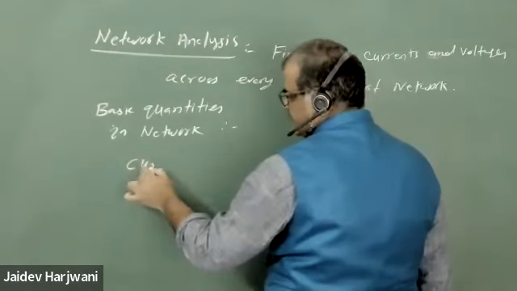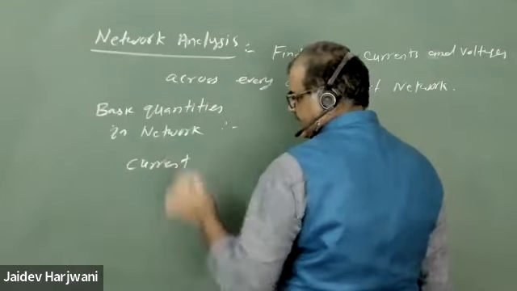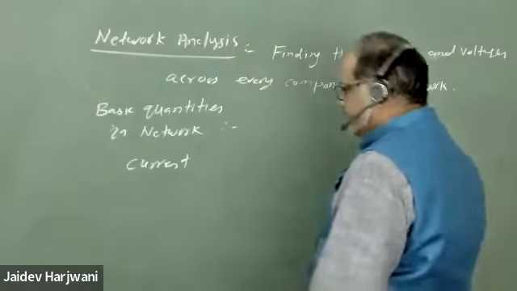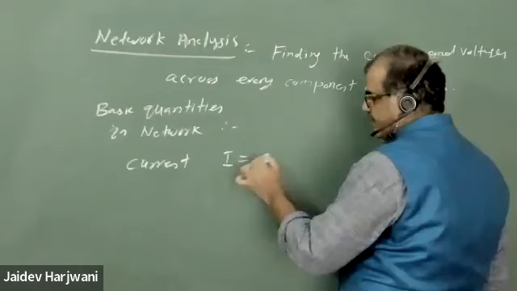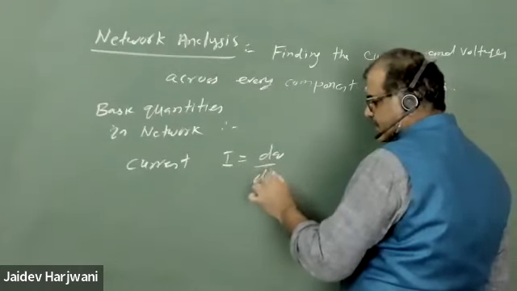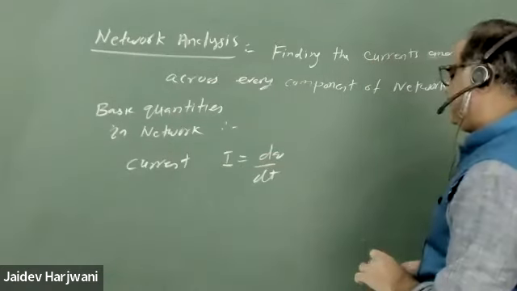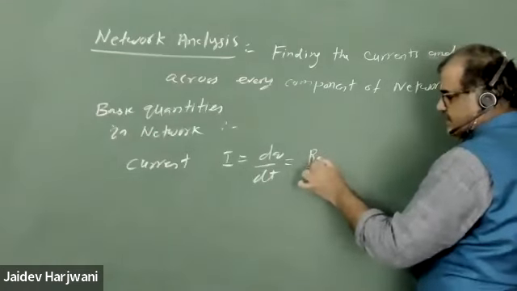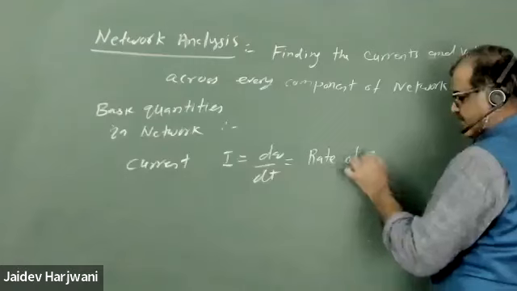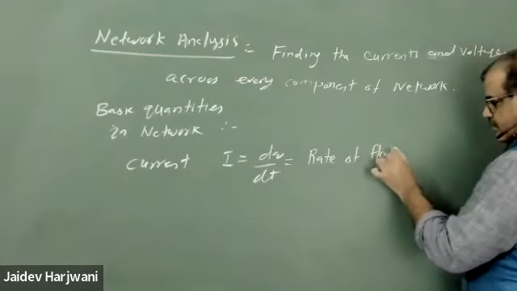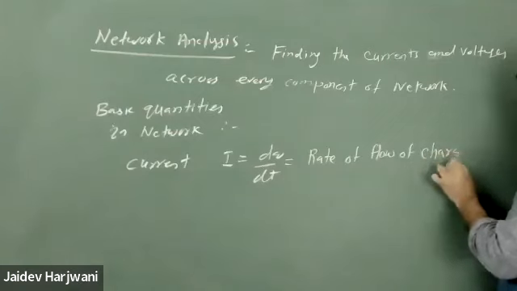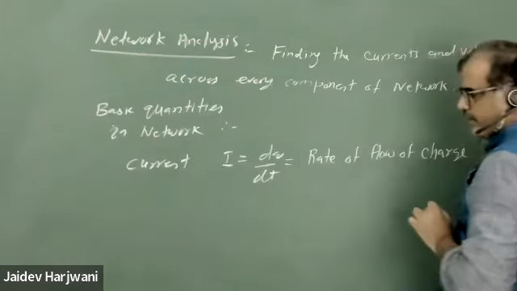Of course charge is the fundamental. The flow of charge gives you current, and current is simply dq upon dt, the rate of flow of charge.